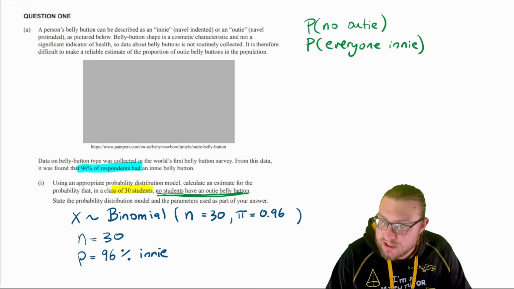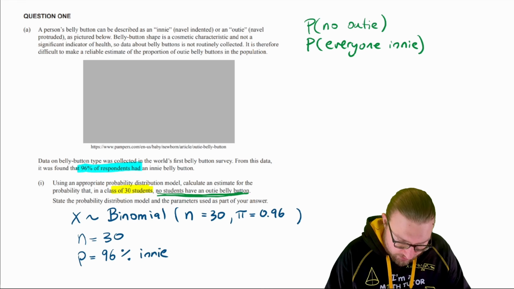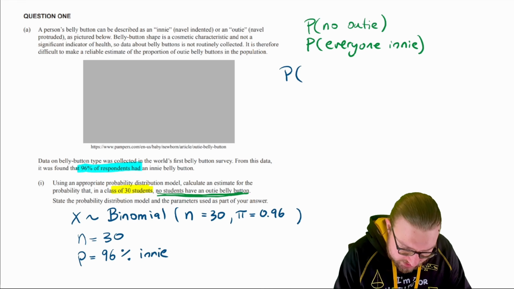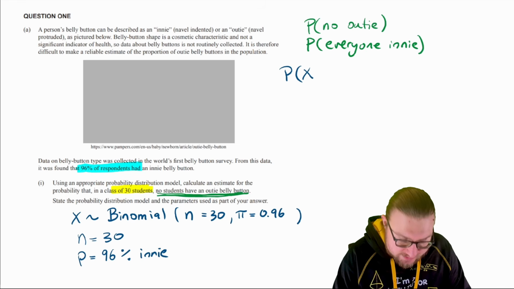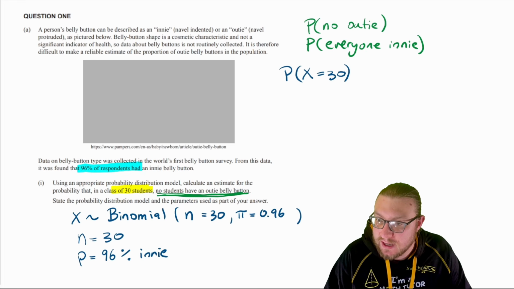And the reason why we want to change this is because we have our probability for the innie. So what are we going to do? We're going to put this into the calculator. We want the probability that X, in this case here, is equal to 30. We want 30 students to have the innie.